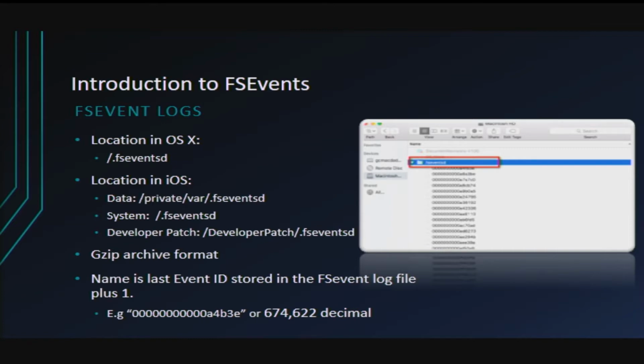For system-related activity, you'll find it in the root /.fseventsd, and in the developer patch, which in my testing I've seen to contain developer patch-related activity, it was located in the developer patch folder under /.fseventsd.